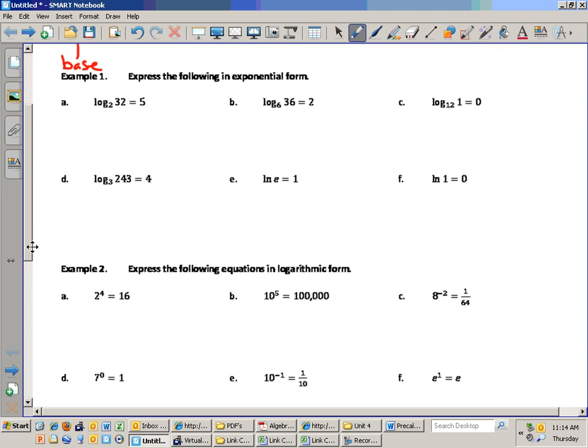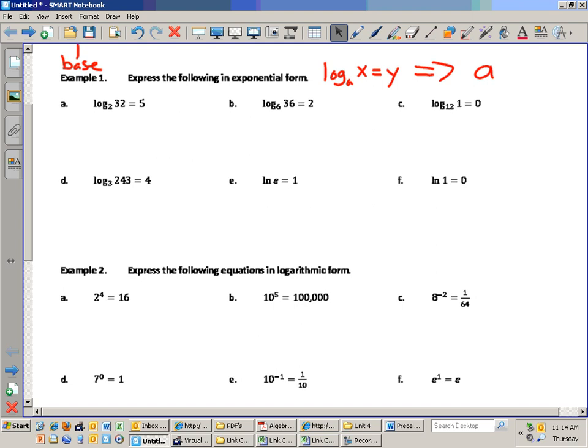So it says, express the following in exponential form. Note that we said if you have log base a of x equal to y, that implies a to the y power is equal to x.